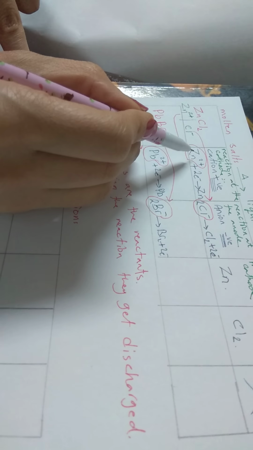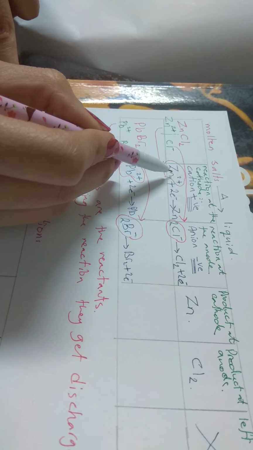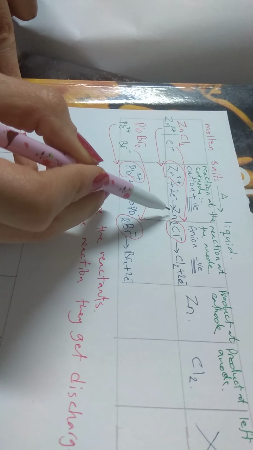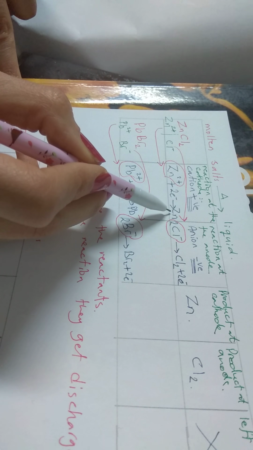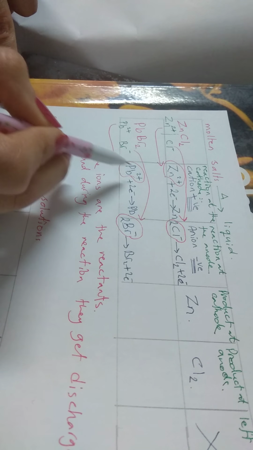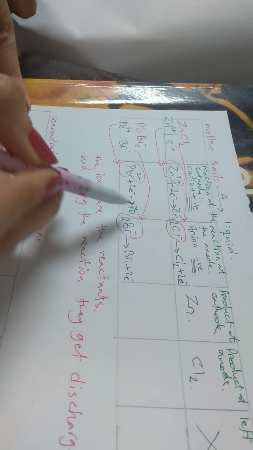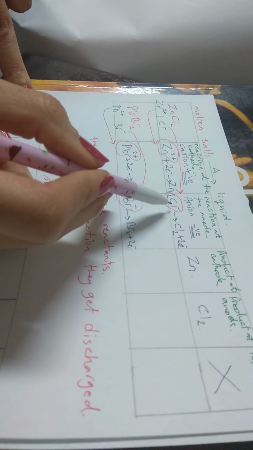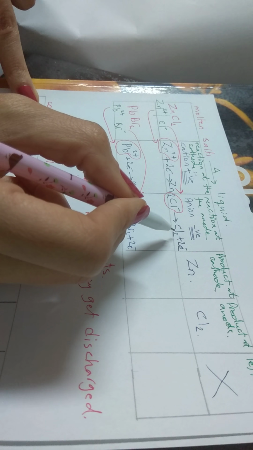So we have an ion here, the positive ion. It accepted electrons and it is now without charge, so it is discharged. The same for the Pb2+. It was positive, it accepted 2 electrons and it got discharged. For the Cl-, it lost electrons and it got discharged, Cl2.